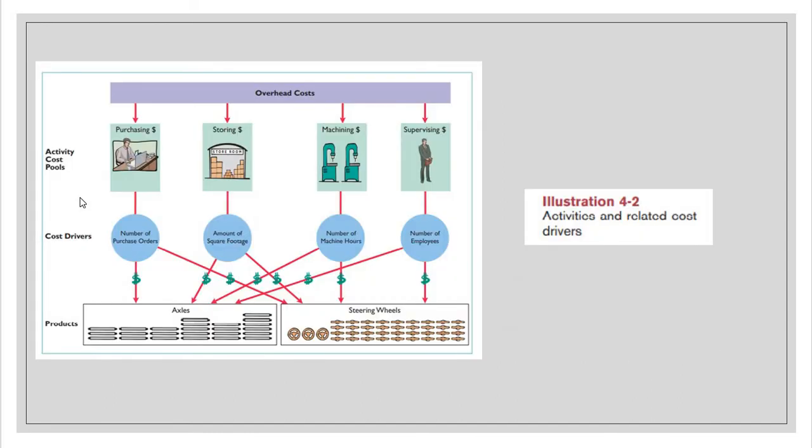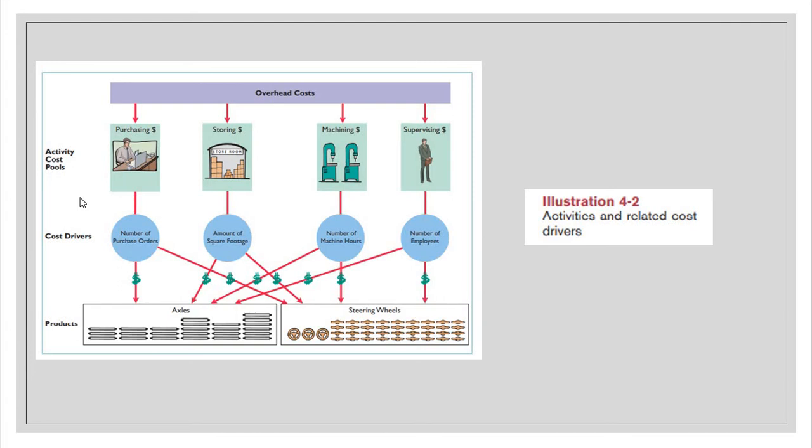Ito na yon, using the cost drivers. Okay, the cost driver measures the number of individual activities undertaken or performed to produce products or provide services.